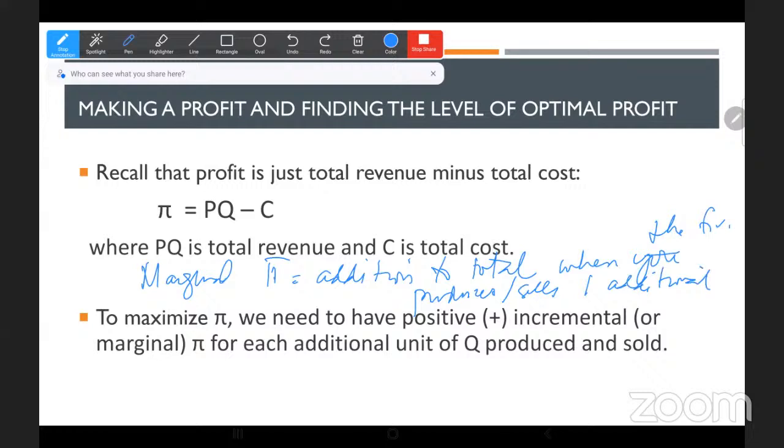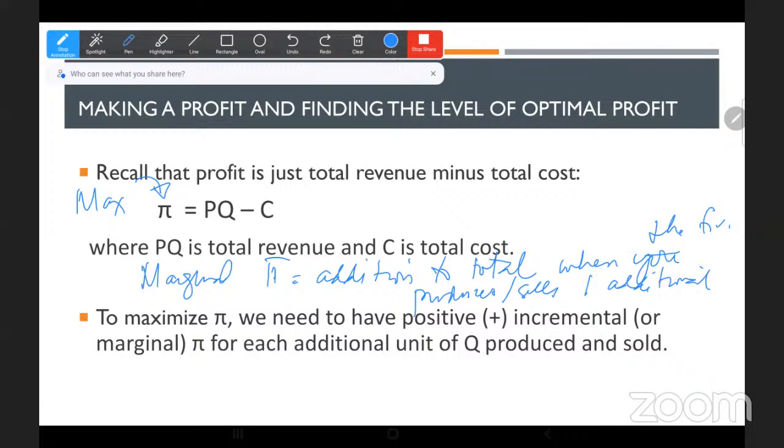All right? So the objective of the firm is to maximize profit, and profit is defined to be PQ minus C. To maximize profit, every unit that's produced and sold must contribute positively to total profit.